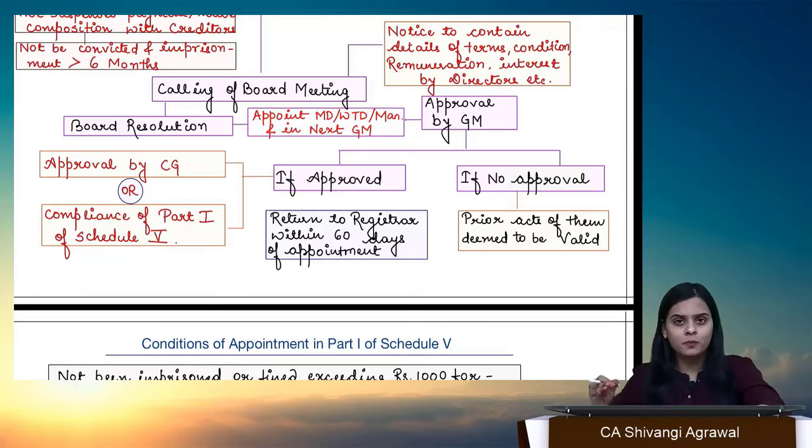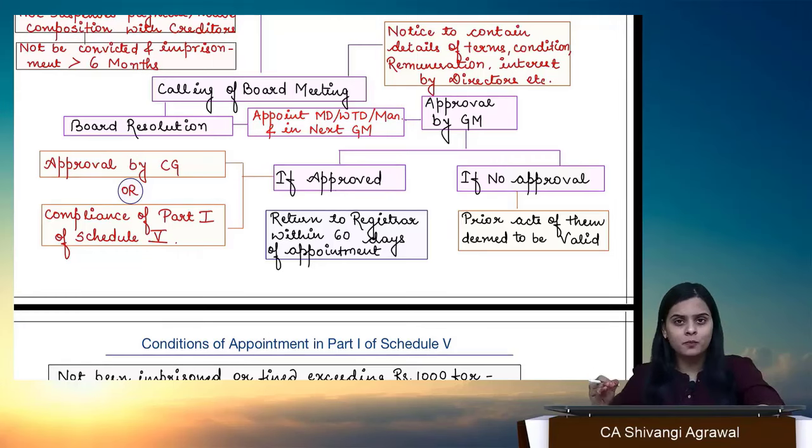So when will it be considered as professional? If the services are of a professional nature and the director has the requisite qualification according to the board or NRC. Now, sitting fees can be paid over and above remuneration. We have to keep in mind the maximum sitting fees that can be paid to anyone is 1 lakh.